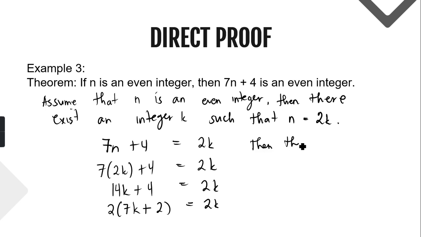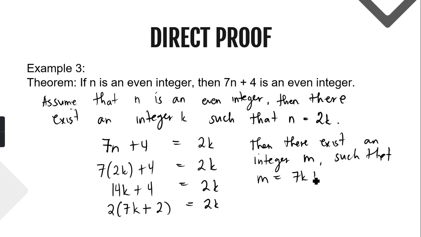Then, there exists an integer. Gawin natin ulit m such that m is equal to 7k plus 2.